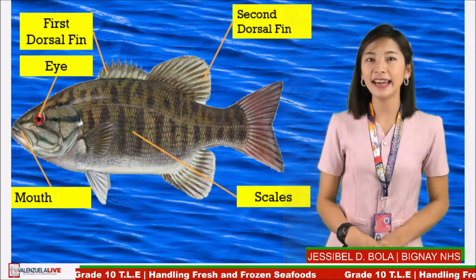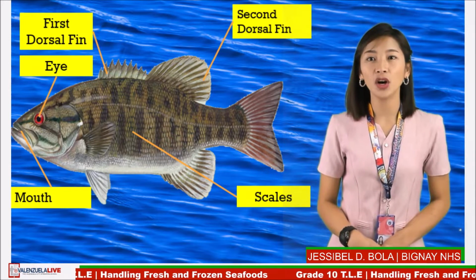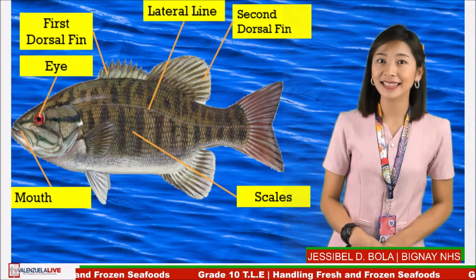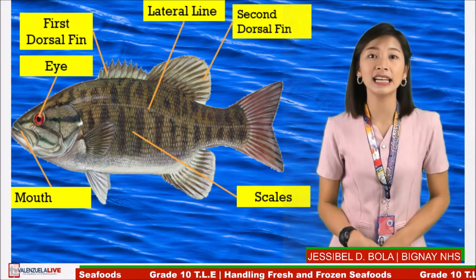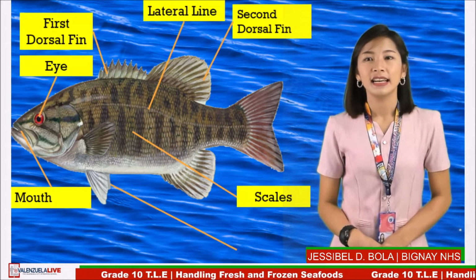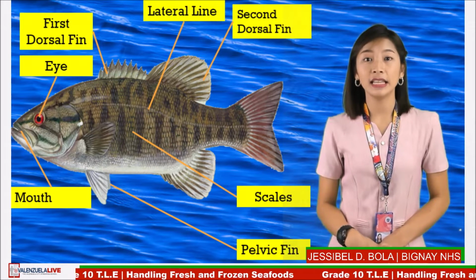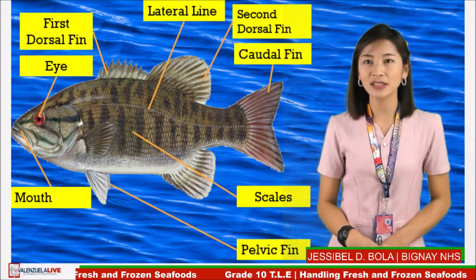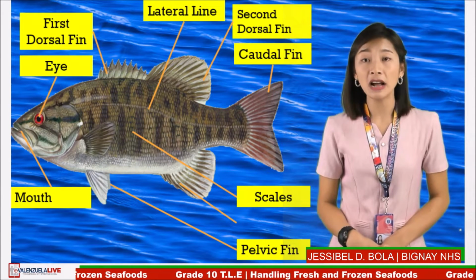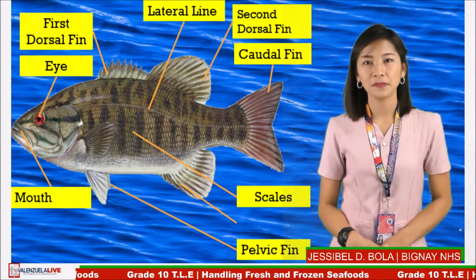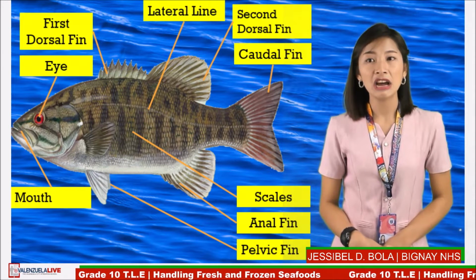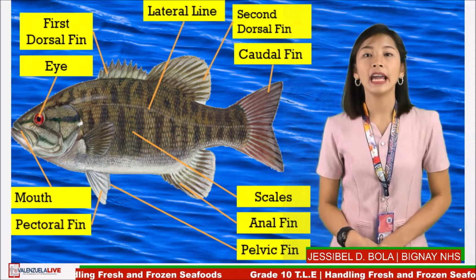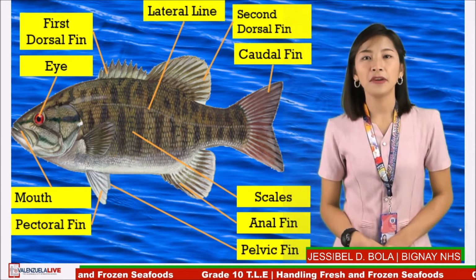Another part is a second dorsal fin. What about the next? Okay, so that is a lateral line. Another is the pelvic fin. What else? Yes, we have there a caudal fin and anal fin. And lastly, we have there a pectoral fin.